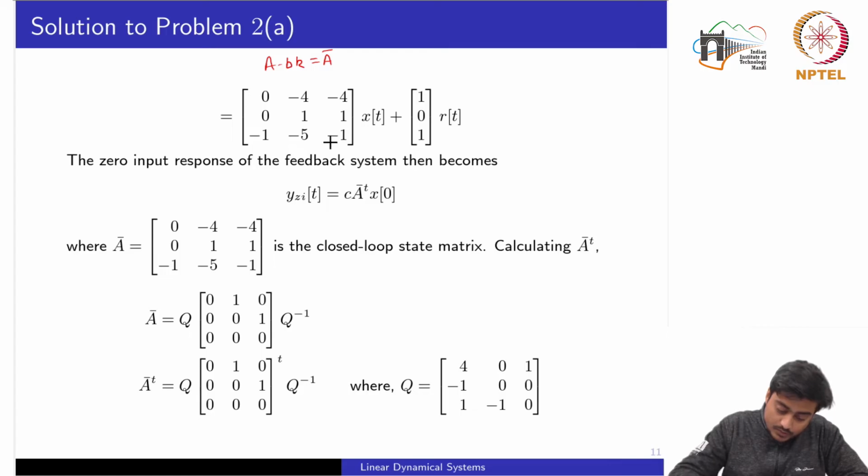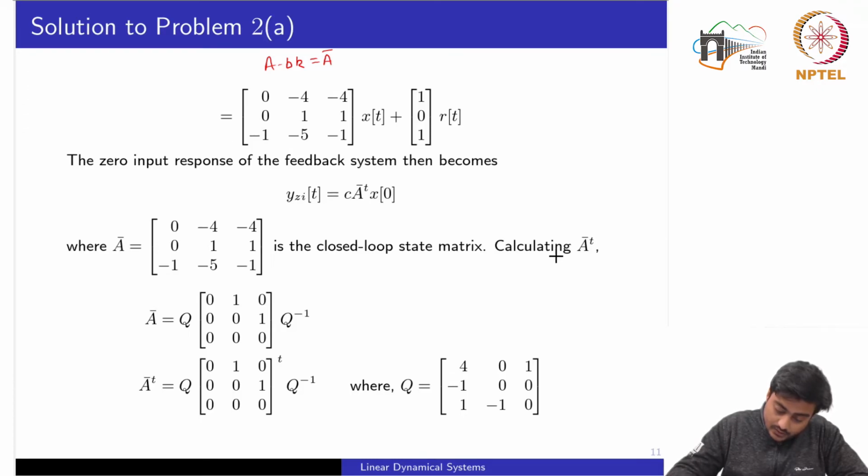Now the zero input response, meaning that we substitute r is equal to 0, and directly the solution of the discrete time homogeneous system is given by this one, the C matrix multiplied by A bar to the power t, where t is discrete in nature, times x of 0. Okay, where A bar matrix is the closed loop state matrix.